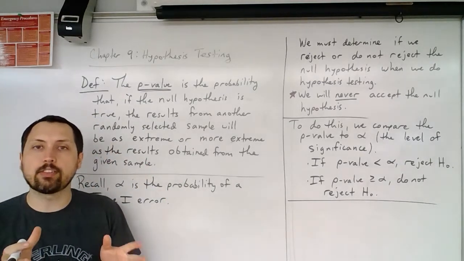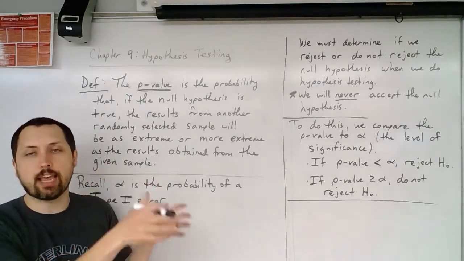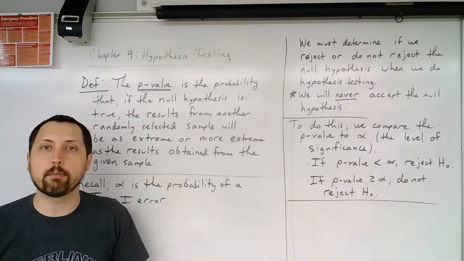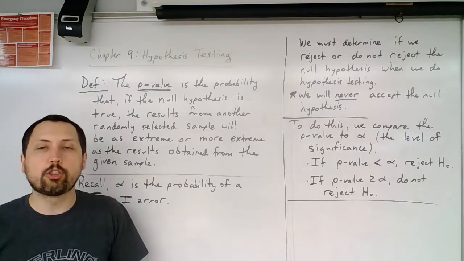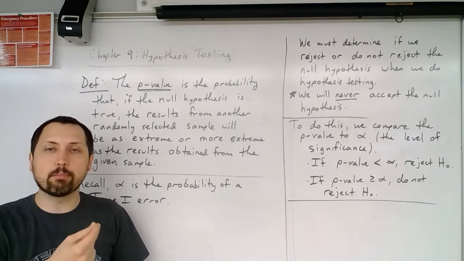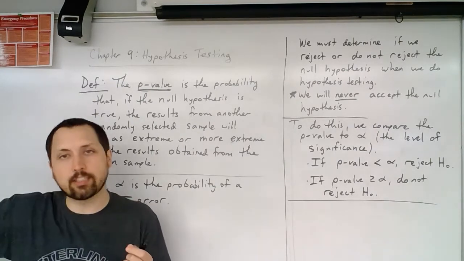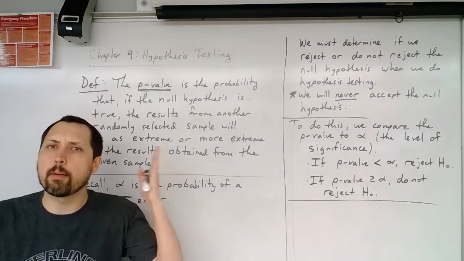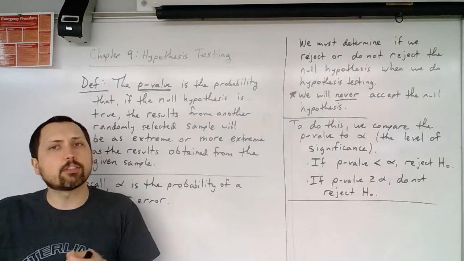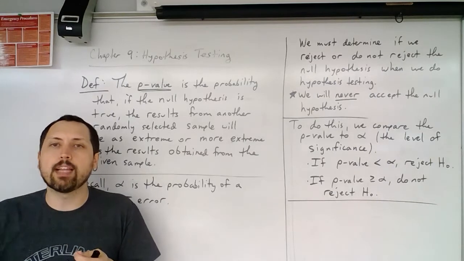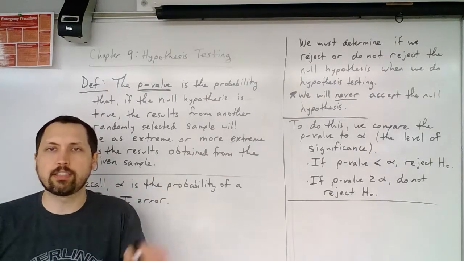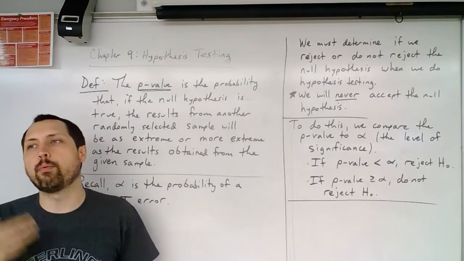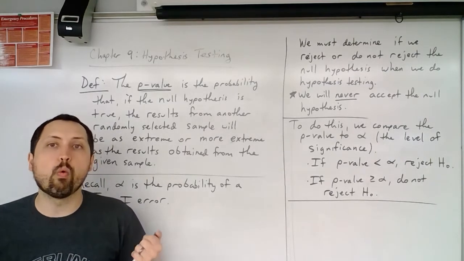Because remember, with hypothesis testing, we're taking information from a sample and trying to generalize it about some claim dealing with the population. If you were to get a sample that is ridiculously far away from what the null hypothesis says the population mean is, then that's a really extreme value. But let's say our null hypothesis says that the mean is equal to 80, and we got a value that was 80.1.